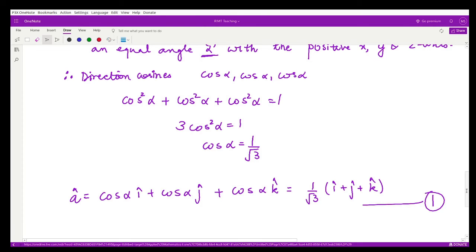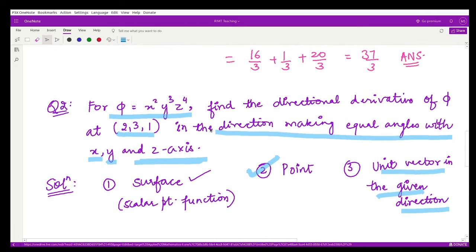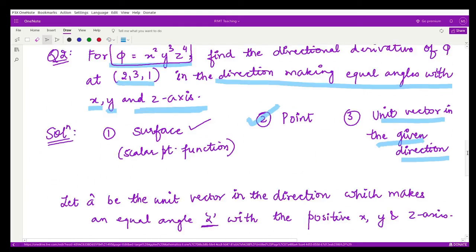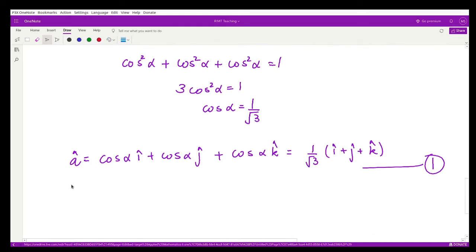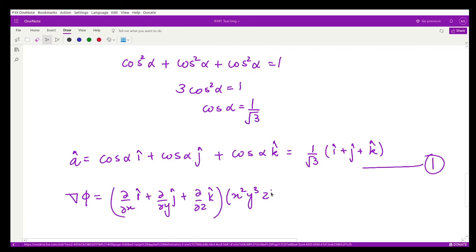Next thing that you wanted to calculate is the gradient of the given surface at the given point. If you calculate the gradient of phi, it would be del by del x i cap plus del by del y j cap plus del by del z k cap of the given surface x square y cube z power 4.